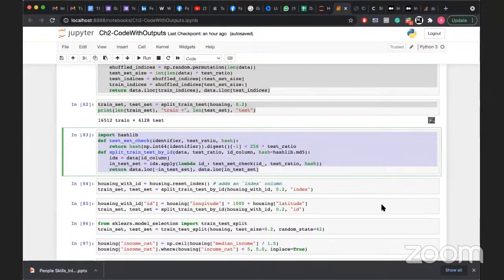So come on, create this to split the training and test set by index. Come on.